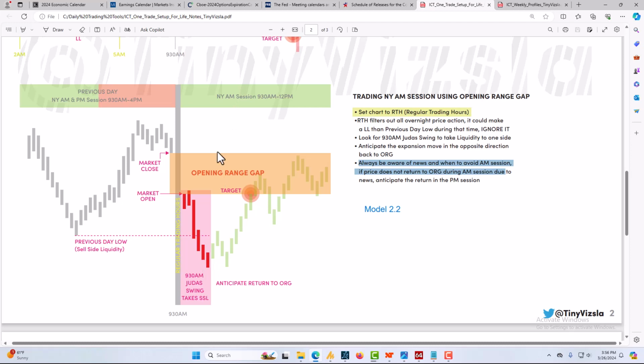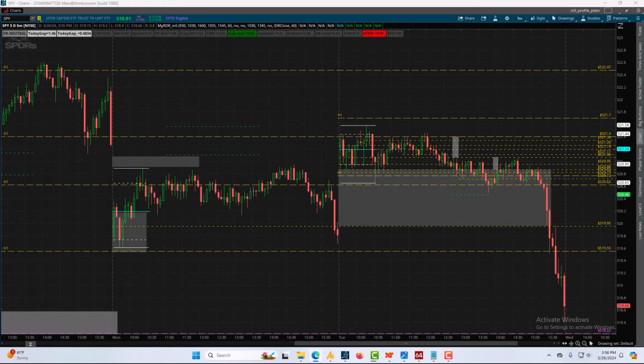If we flip this chart for the bearish, it exactly, see that, it raids the sell side liquidity, basically checks out the low of the prior day, which in this case is it checks out the high of the prior day right there, and the Judas swing right here.